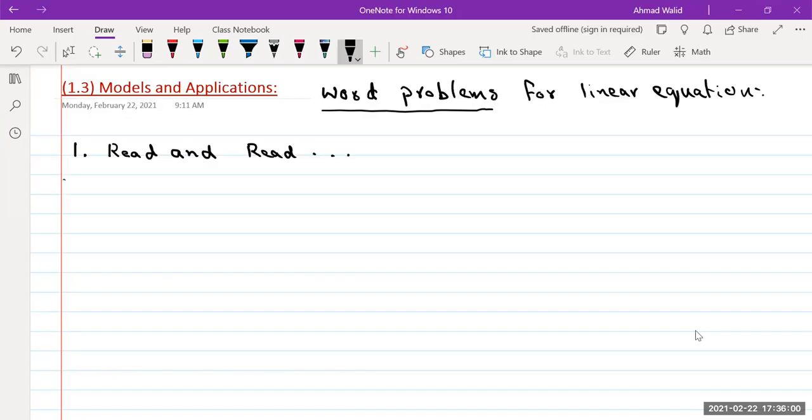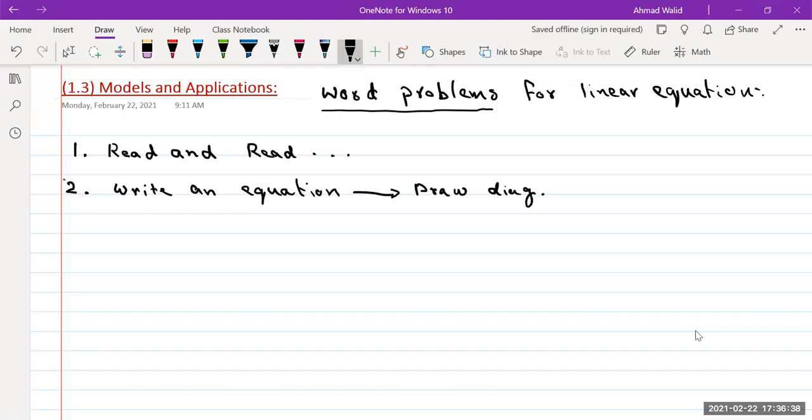Step two, write an equation. Sometimes it's even good to draw a diagram, correct? Draw a diagram if it's possible.